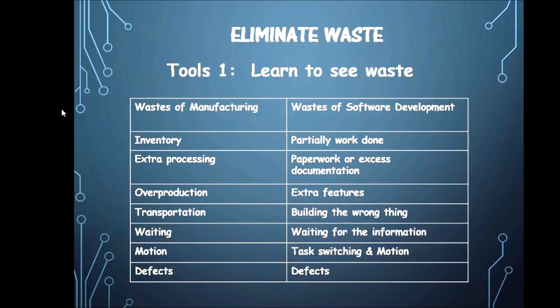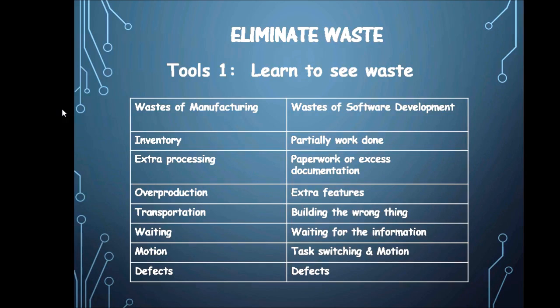Here's a table about learning to see the waste, and here's the first tool. As you can see, there are 2 columns: wastes of manufacturing and wastes of software development. Waste of manufacturing is inventory, and its waste from software development is partially done work.